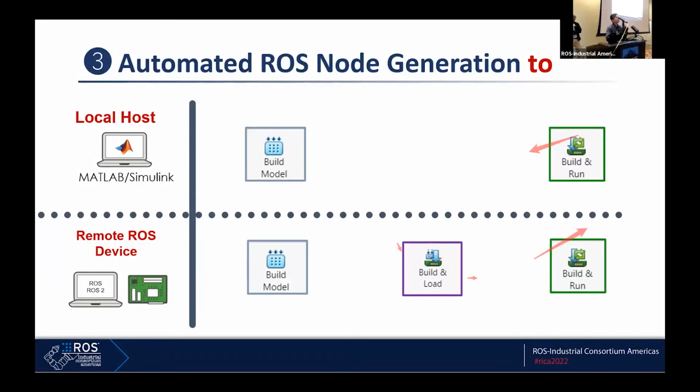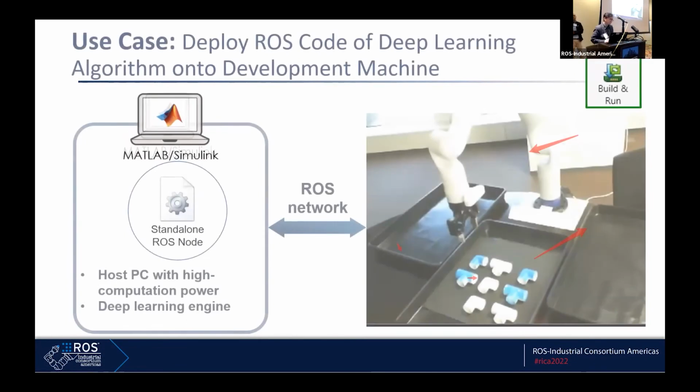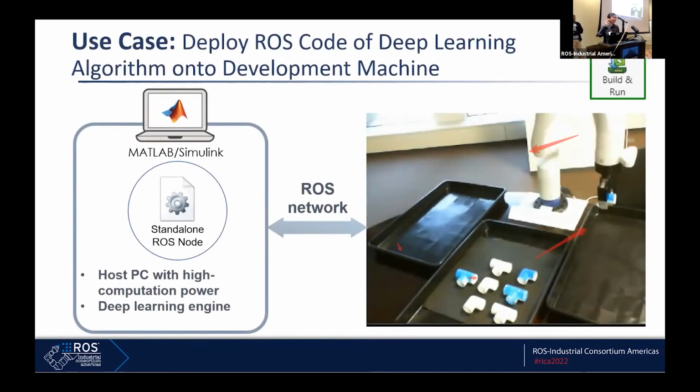I can just deploy my ROS code, and later manually take that code to my ROS device. That's one way to use this option. But also build and run locally, like I have an example here. So this is build and run locally.